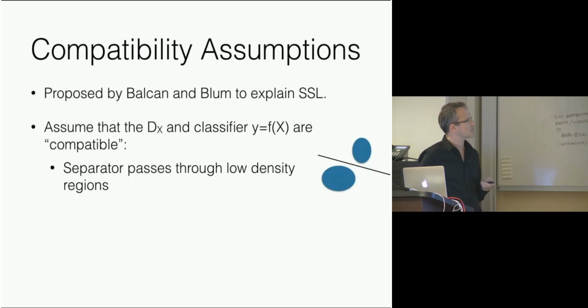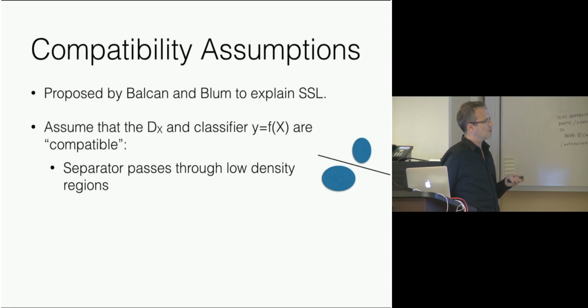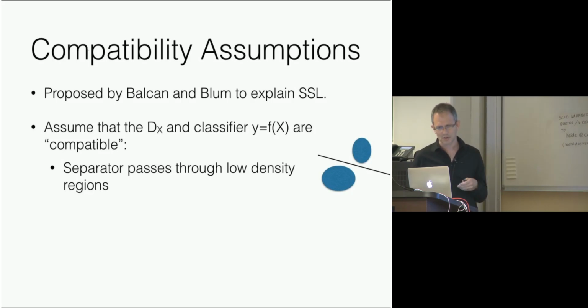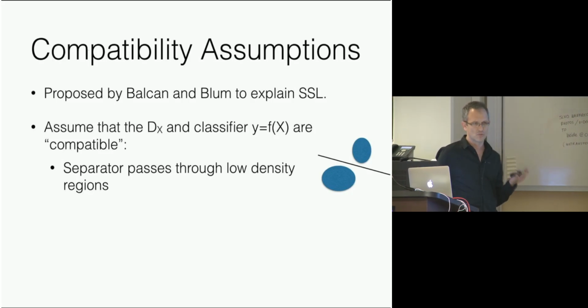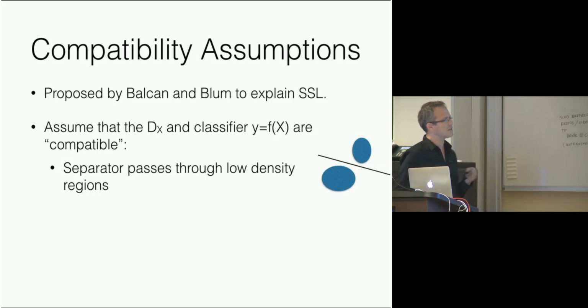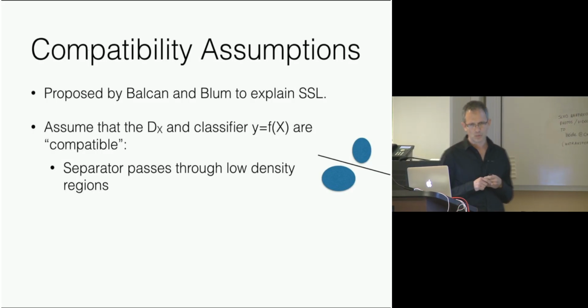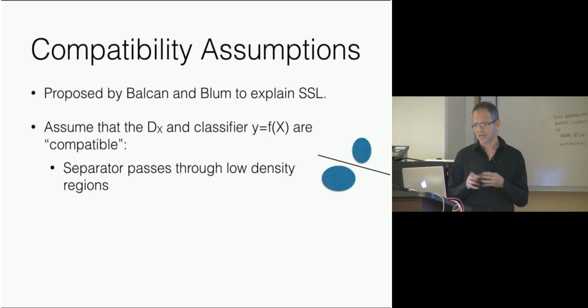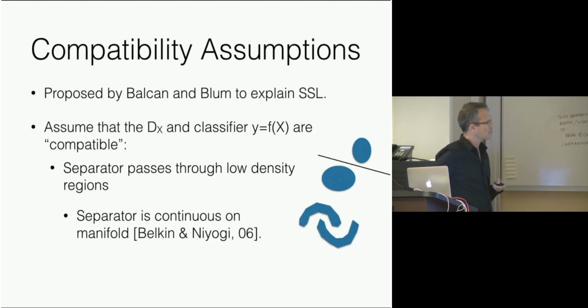So what do I mean by that? For example, if you know that your separator, namely f of x, passes through a low density region in your X distribution, then it's been called compatibility between the data distribution and the classifier. And in this case, you can show that there is a gap between what you can do with supervised learning and semi-supervised learning.